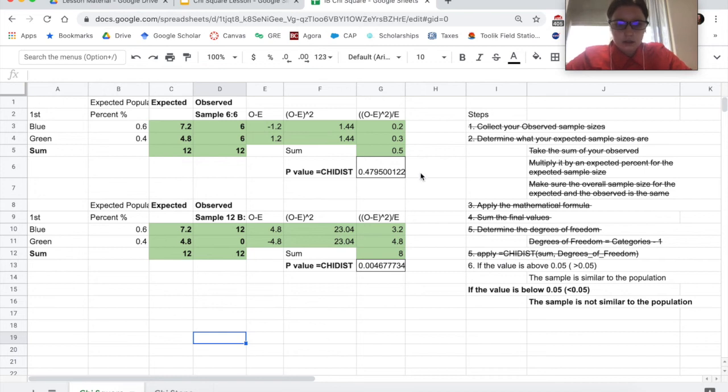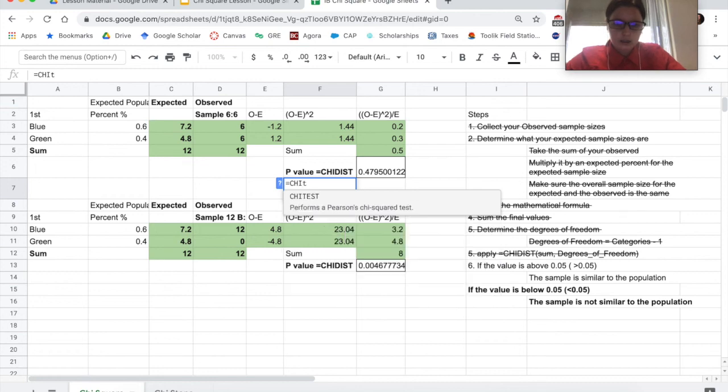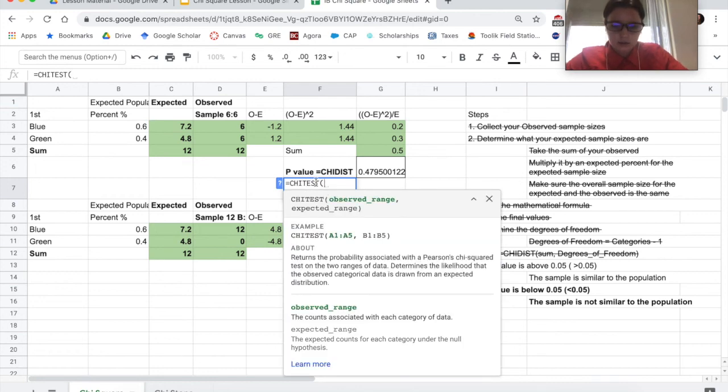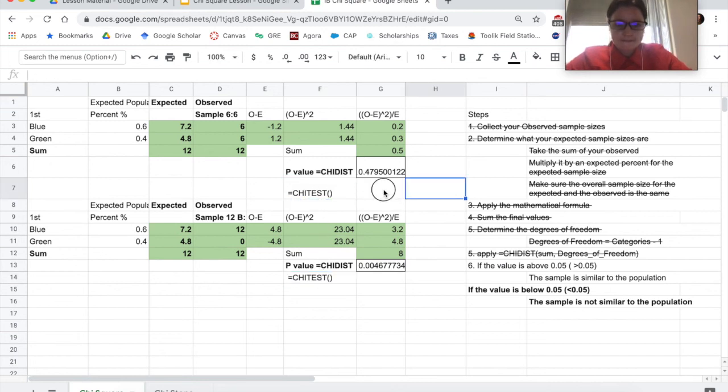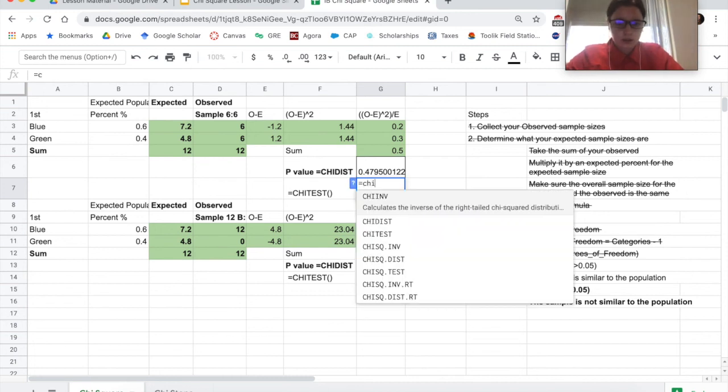So another way that we can calculate chi-square is, instead of doing equals chi-distribution, you do equals chi-test. And this will essentially do the mathematical equation for you.